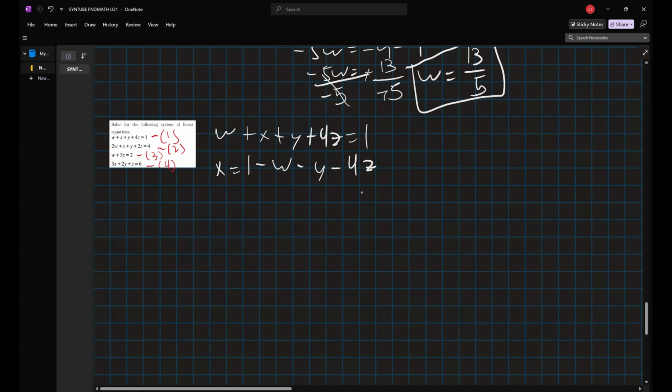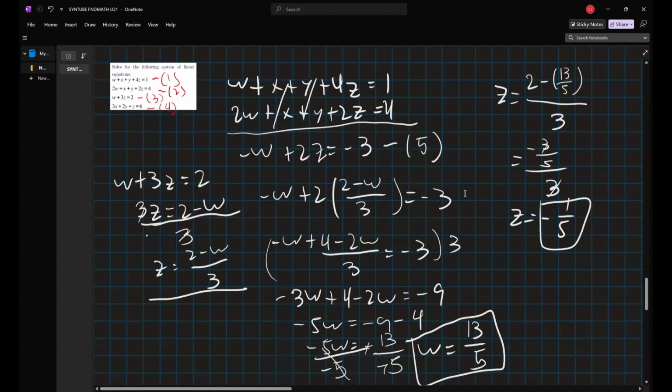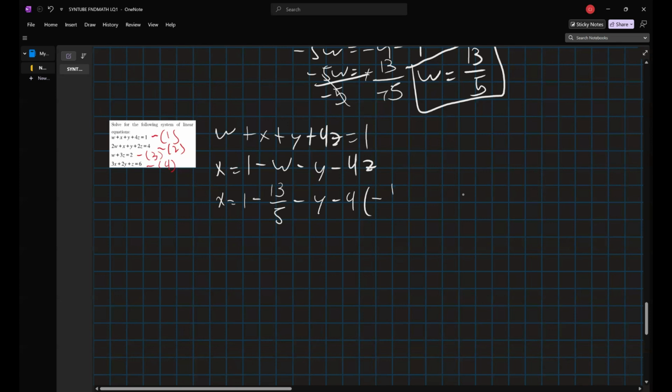Since we already have the values of w and z, we can substitute them. So x equals 1 minus the value of w, which is 13/5, minus y, minus 4 times the value of z, which is negative 1/5.